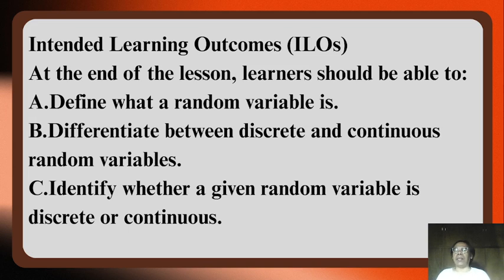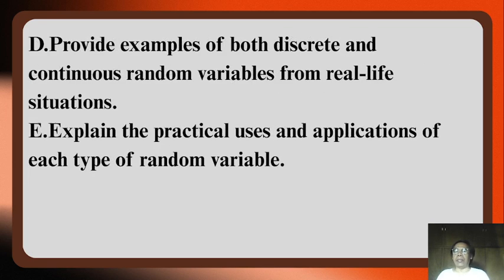At the end of this lesson, the learner should be able to: letter A, define what a random variable is. Letter B, differentiate between discrete and continuous random variables. Letter C, identify whether a given random variable is discrete or continuous.